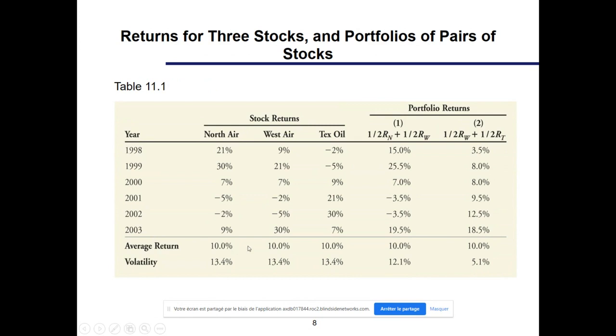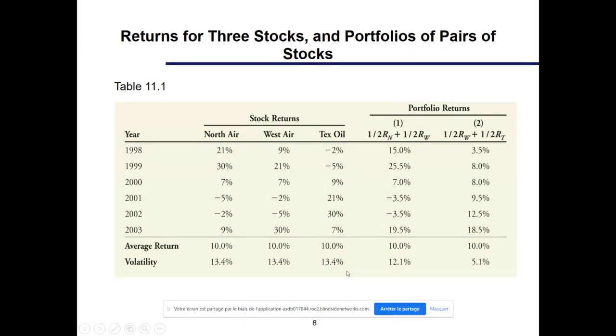What is interesting is the expected return of North Air, West Air, and Tex Oil. Not the expected return, the average return is 10%, 10%, and 10%. It is the average of this, average of this, average of this. And then interestingly too, the volatility of these stocks is 13.4% for North Air, West Air, and Tex Oil.